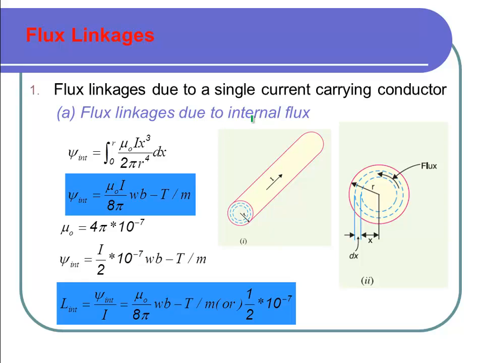So right now we have calculated the value for the circular path of the conductor, a small portion of dx width. So this is the internal portion of the conductor. Now we are going to calculate the internal flux linkage.